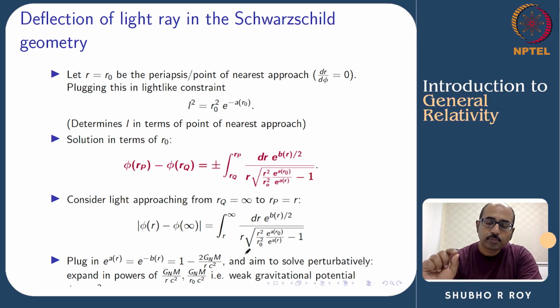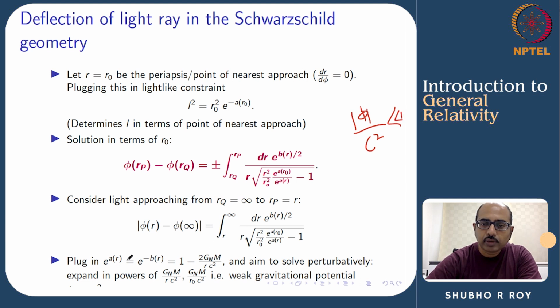So the light is moving under a weak gravitational potential phi, and the dimensionless ratio phi over c squared is much less than 1.